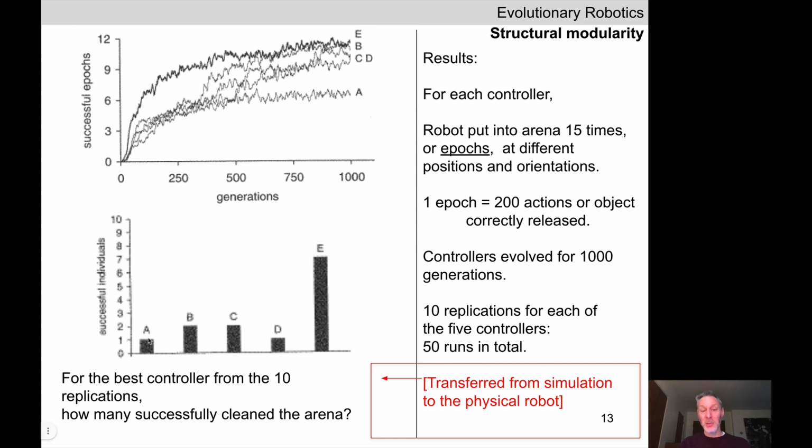Right, so they played back a bunch of different controllers from each of these 5 experiments, and only one of the evolved controllers from experiment A allowed the physical robot to completely clean its environment, but the physical robot equipped with some of the best E-brains, 7 of those individuals, 7 different E controllers were able to enable the physical robot to completely clean up its environment.